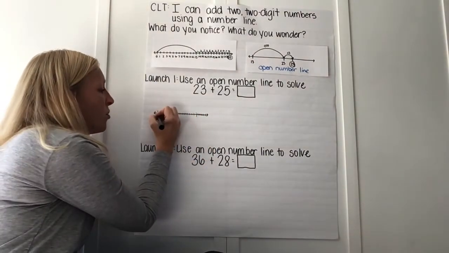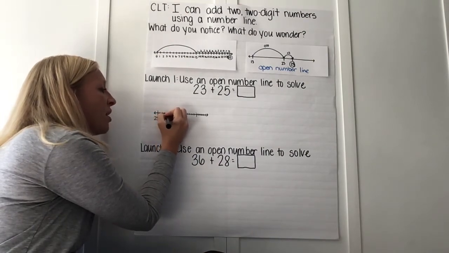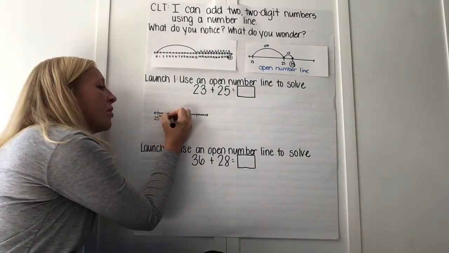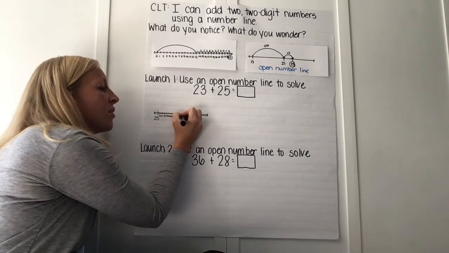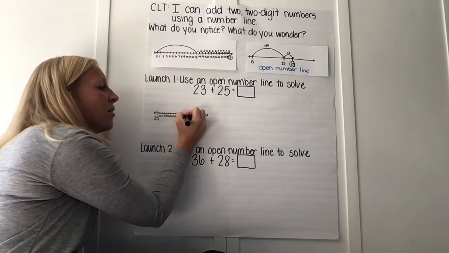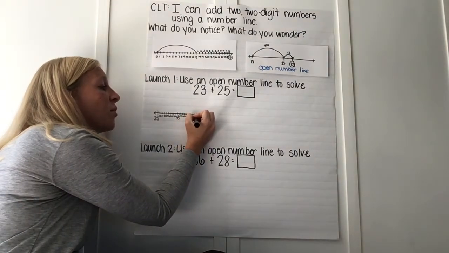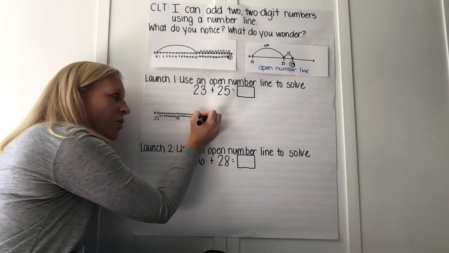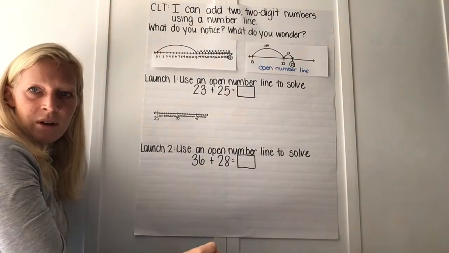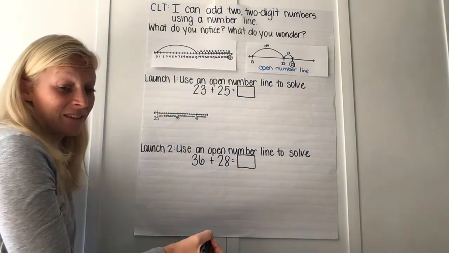So you're at 26, 27, 28, 29, 30, 31, 32, 33, 34, 35, 36, 37, 38, 39, 40, 41, 42, 43, 44, 45, 46, 47, 48, 49, 50. Whew. Are you tired? Yeah. But which way are you going?